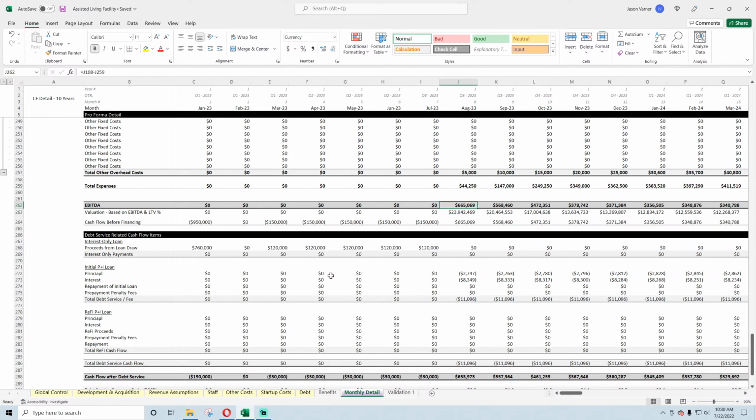Now, I also want to attach a waterfall distribution to this. And I don't know if I've ever tied a waterfall distribution into a financial statement, so that might be a first. We'll see how that goes.